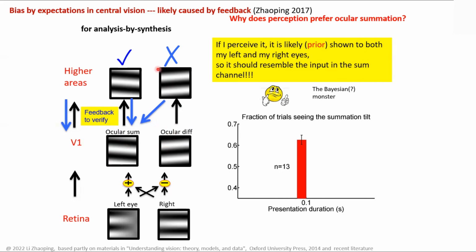It didn't tell the higher brain area which channel this signal comes from. It only tells the higher brain area partial information about the tilt. It did not say tilt number 1 comes from the ocular summation channel and tilt number 2 comes from the ocular difference channel. It's just trying to be frugal and saving and not telling all the information. Yeah, that's the bottleneck of attentional selection.